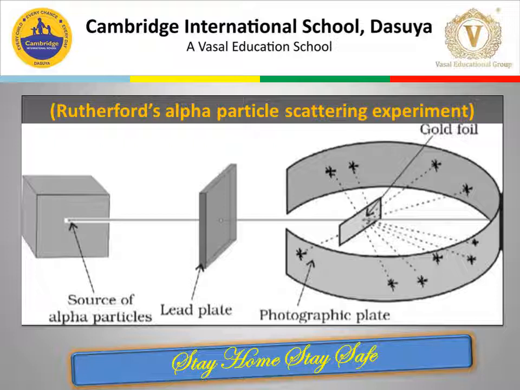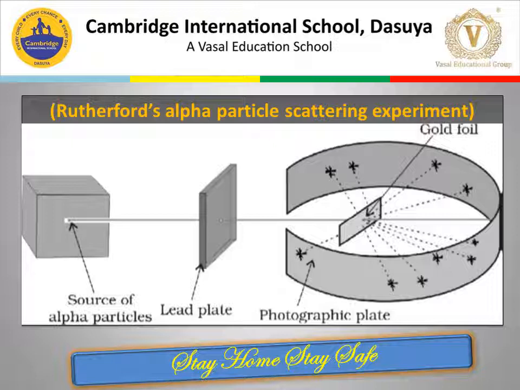Let us first see Rutherford's alpha particle scattering experimental setup. In the figure, we have on the left hand side the source of alpha particles from where the alpha particles are generated. At the center, we have the lead plate with a small hole at the center so that only a single beam of the alpha particles is allowed to pass through it, and the rest of the rays are blocked.